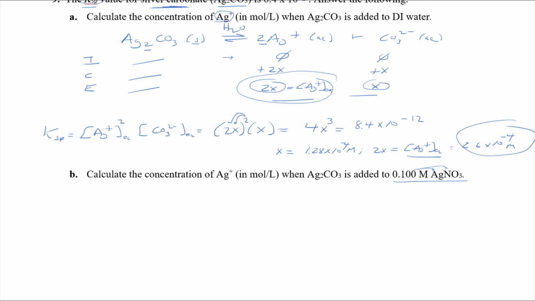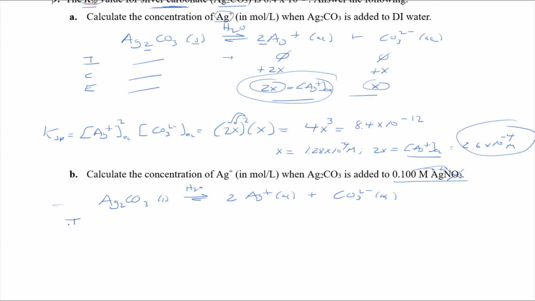But you'll notice if we write the equation, Ag2CO3 solid going to aqueous, we're going to get 2 silvers plus carbonate. And I would argue nowhere in this chemistry do I see nitrate. So I don't care about nitrate. Nitrate's a spectator. The only thing I care about is that silver.